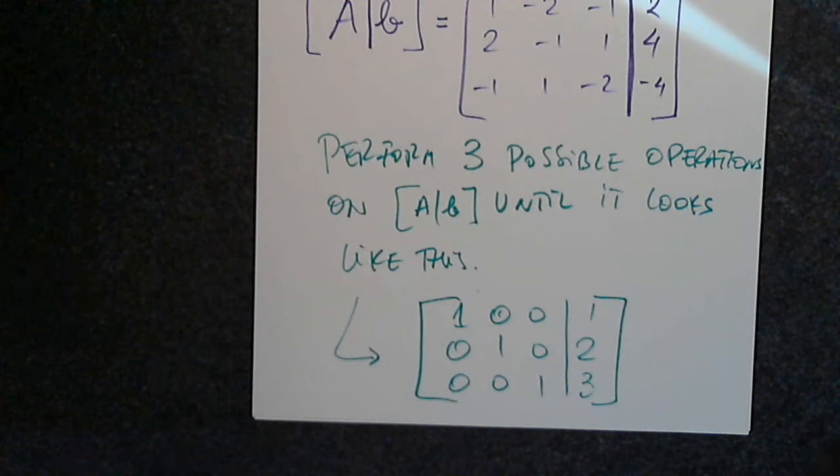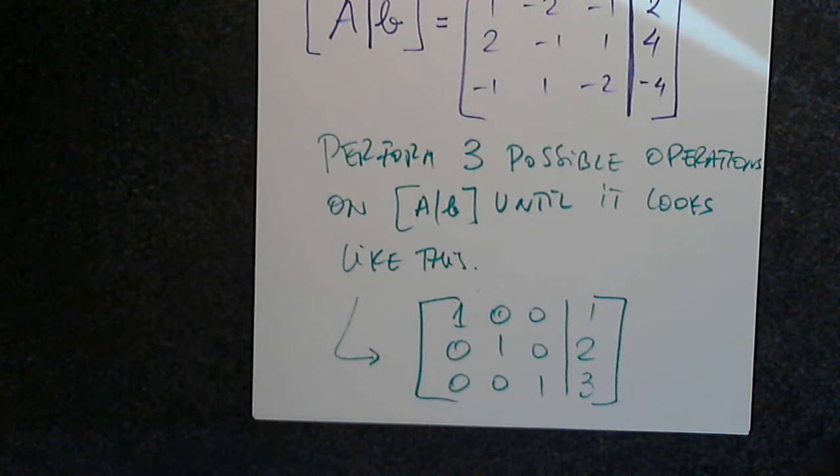And z? 3. That's it. But only if I manage to make sure that at the end, all the other entries are 0, and only the diagonal entries are 1. Then I know x plus 0y plus 0z equals 1, which means x equals 1.